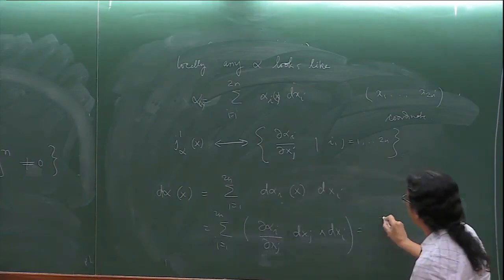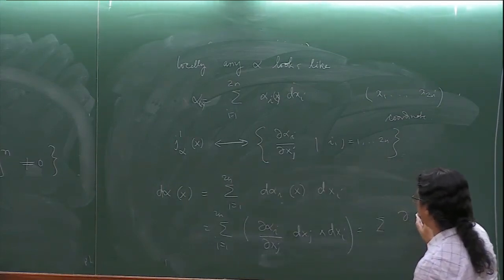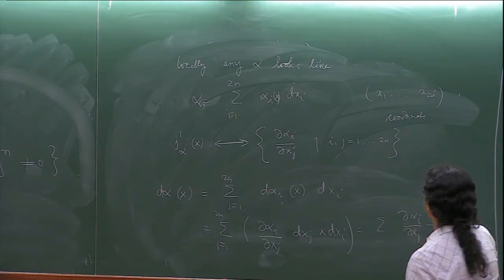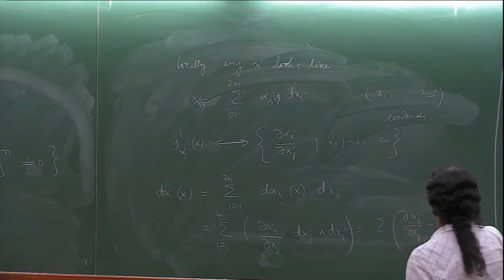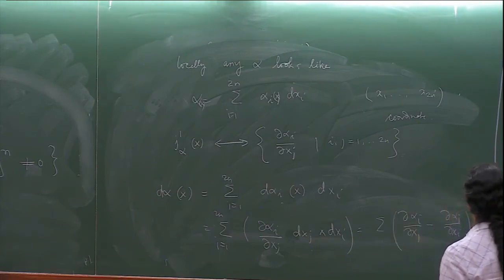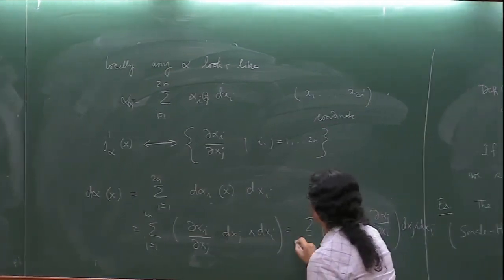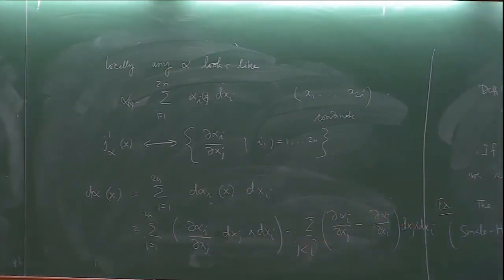You can write it as the partial of alpha_i with respect to x_j minus the partial of alpha_j with respect to x_i, times dx_j wedge dx_i, here j less than i. This is the expression. So what is happening?